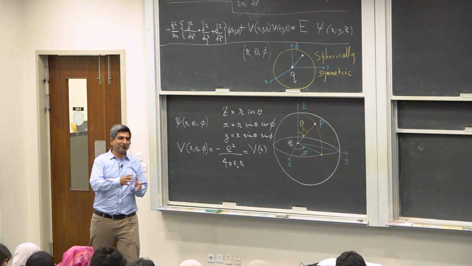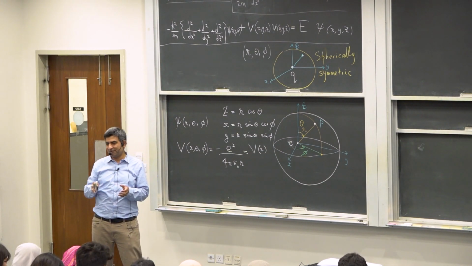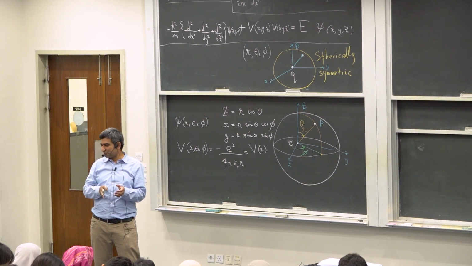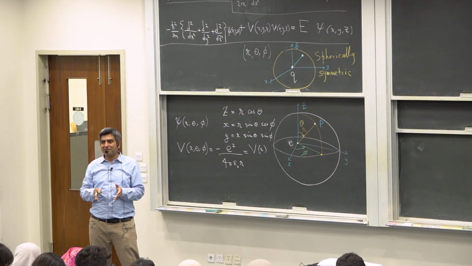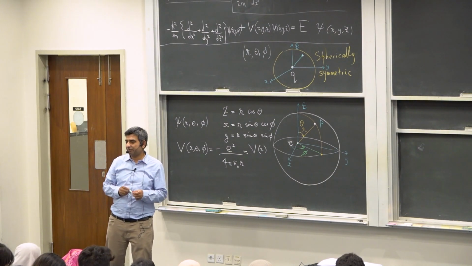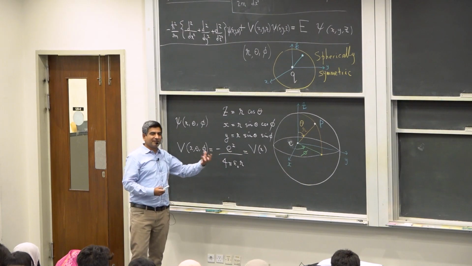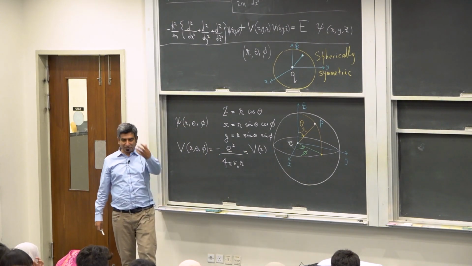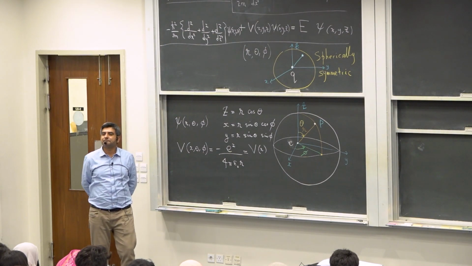The electron wants to be close to the nucleus because the nucleus, after all, is positively charged. So the electron wants to get closer and closer to the nucleus and lower its energy. Got it? But why doesn't the electron fall into the nucleus? If you really want this energy to be as negative as possible, which is lower energy, why doesn't the electron fall into the nucleus?